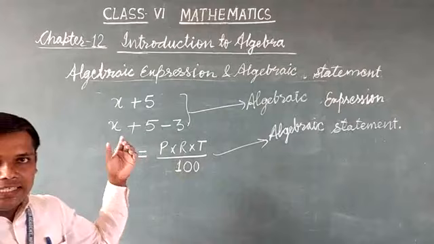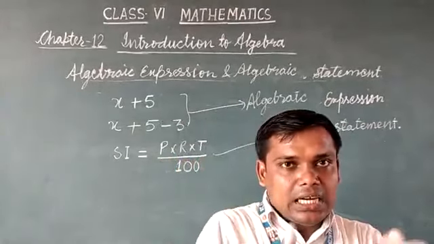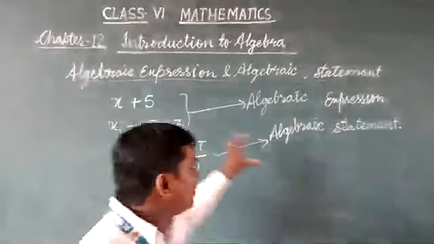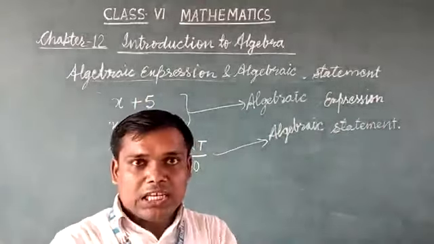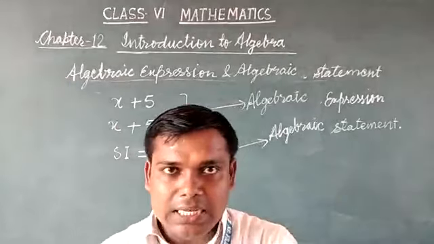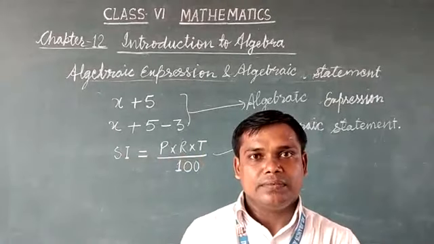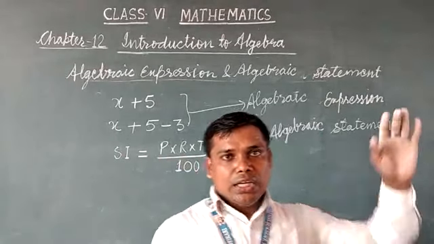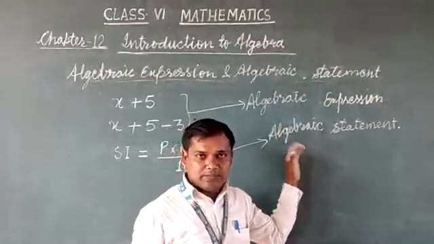When the sign of equality comes, then we understand that it is a statement. Without the sign of equality, if only the variables and constants are related with plus sign or minus sign, then we consider it an expression. I hope you understood algebraic expression and algebraic statement.